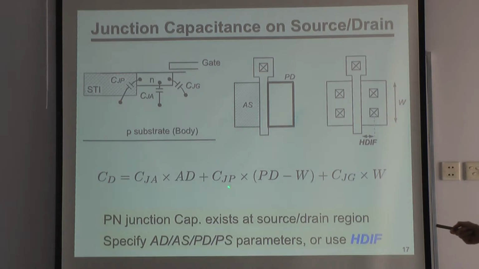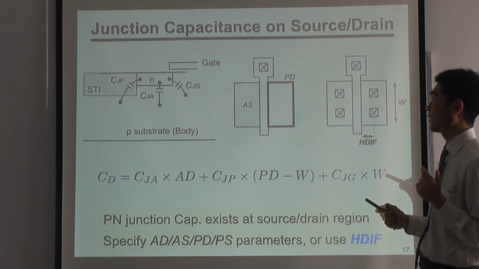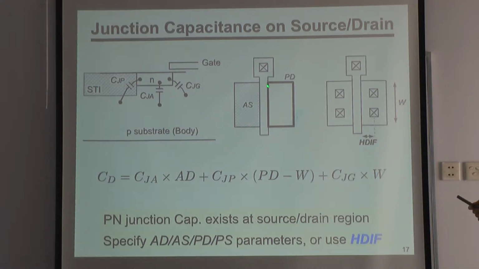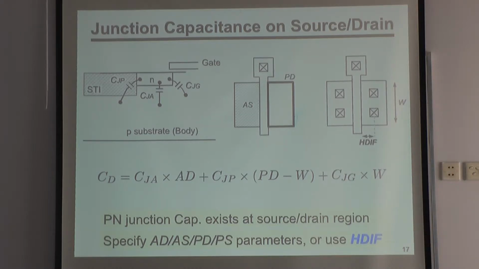And usually the capacitance per unit length on this side and this side are different. So CJP means the capacitance per unit length on this side, and CJG means the capacitance per unit length on this side. So the total capacitance of drain becomes like this.